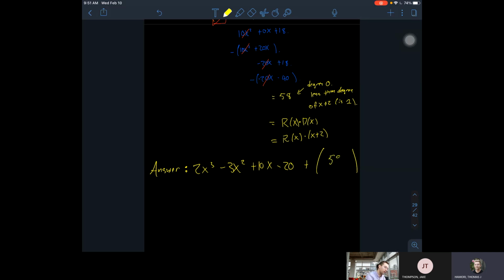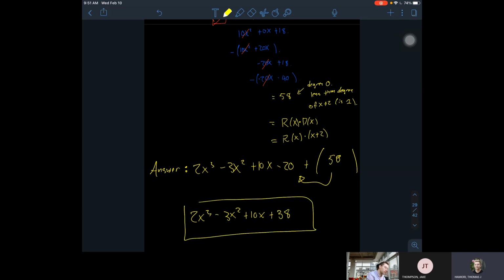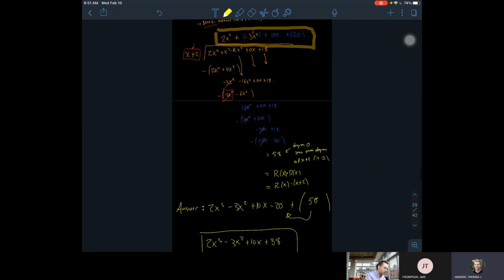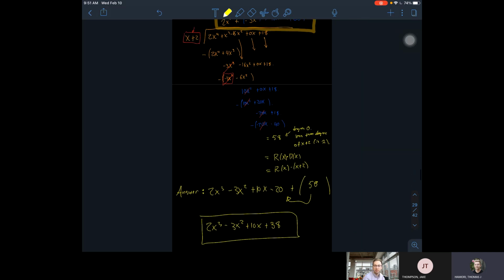Well, if I put 58 here, then I could just combine with the 20 and I would get 2x cubed minus 3x squared plus 10x plus 38. In other words, this term just went in evenly.